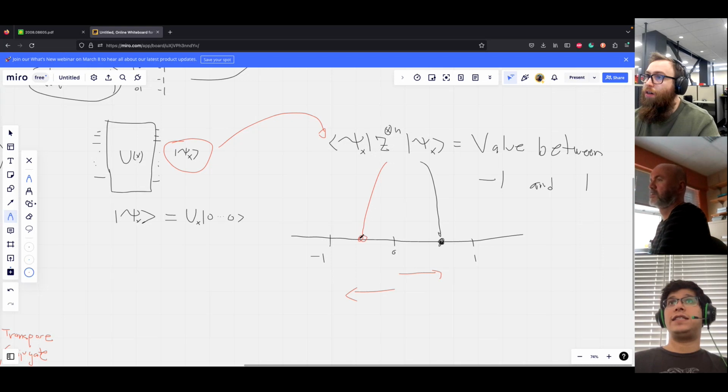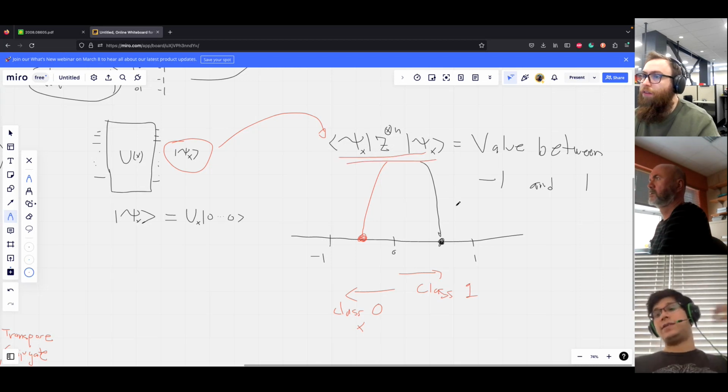So now if it lies there, that means that the X corresponds to, let's say, class 0. And if it lies on the other side, this corresponds to class 1. And that's how we use this expected value as a model, as a thing that receives data and gives you a label.